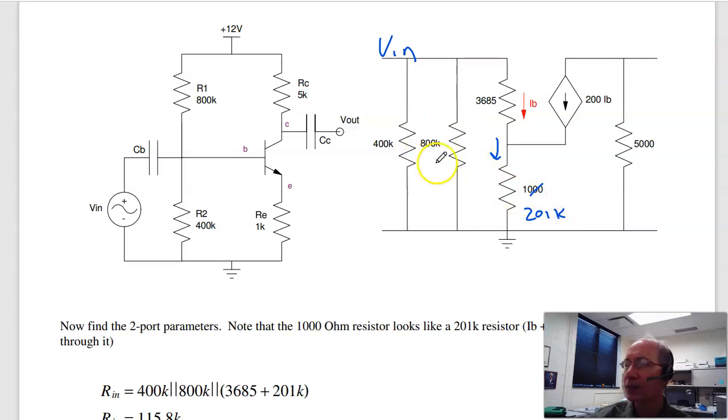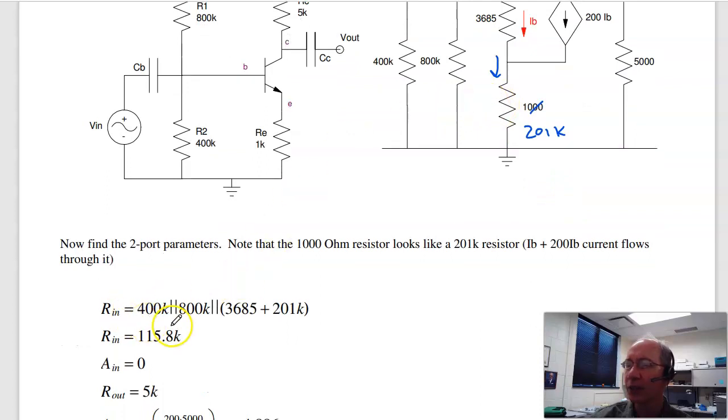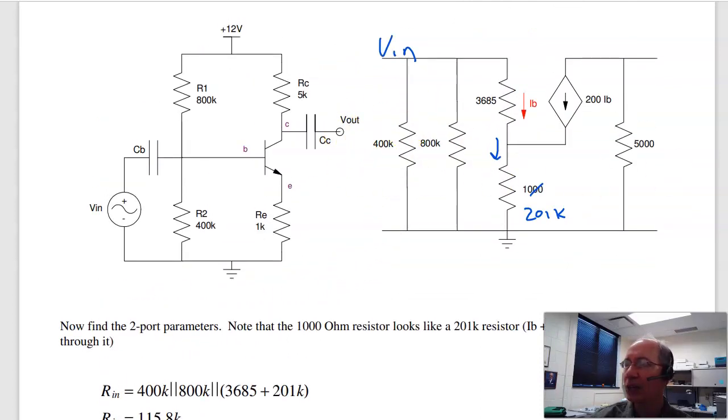From the left, the input resistance then is 400K in parallel with 800K in parallel with 201K plus 3685, giving 115 kilohms at the input. AI equals 0. If I apply 1 volt at the output, 0 works, because if this is 0, IB is 0, everything's 0.